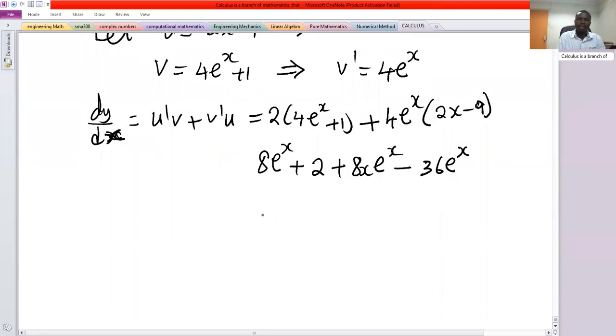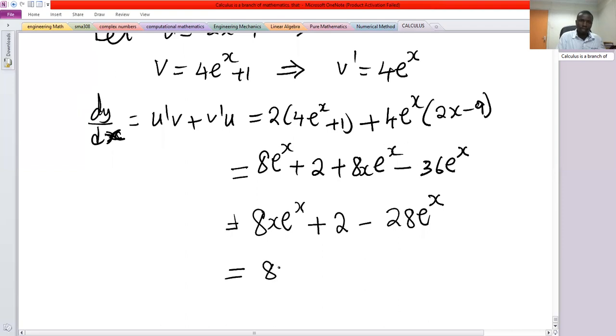Now this you can write as 8x e raised to x plus 2 minus 28 e raised to power x. Or write it as 8x e raised to power x minus 28 e raised to power x plus 2.